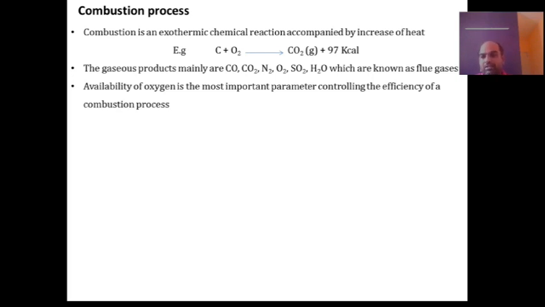Another example I can give you where we realize that enough oxygen is not available, and we supply that extra oxygen, is an open fire using wood. For example, in the villages, you have a primitive little stove in which you feed the fire with wood and other combustible substances.